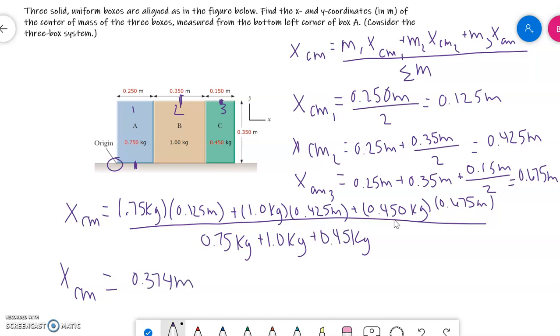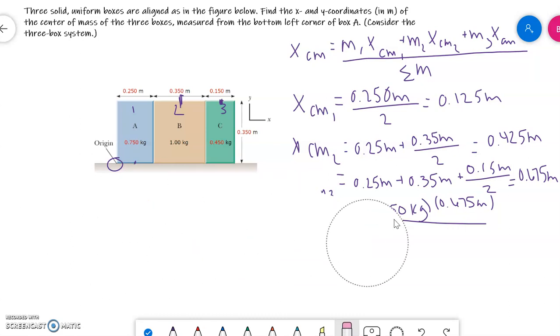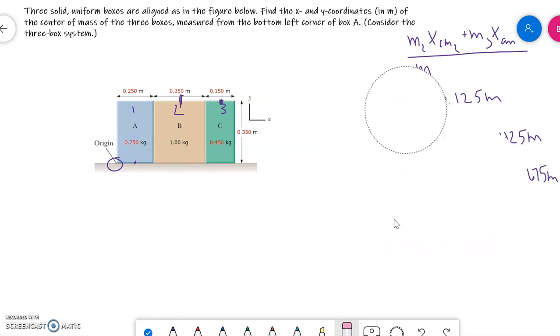And that was part A of the question, which I'm now going to erase so we have room for part B. And that will be looking for the y-coordinate of the center of mass.